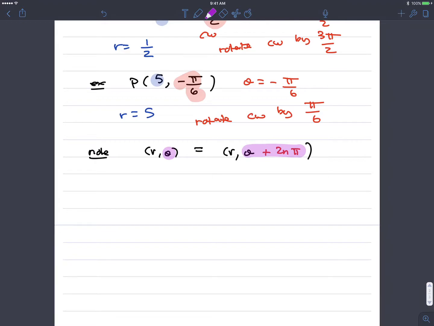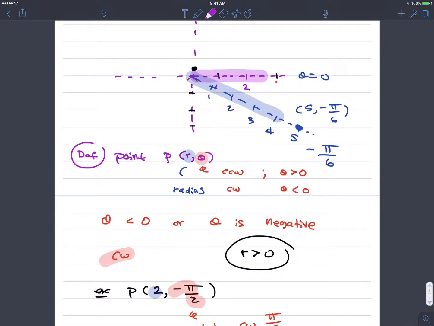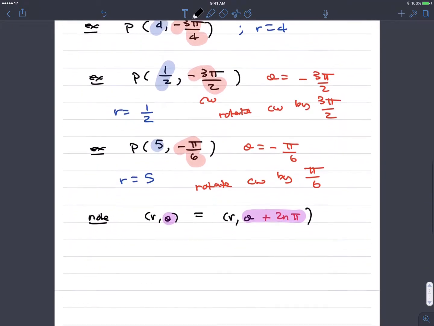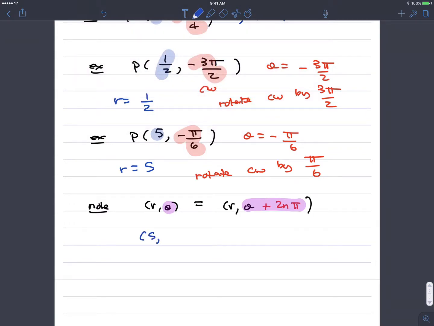So your points are not well defined, and this is actually going to be, like I said, an issue. So we're going to consider that. We know that. So you might say to me, okay, Mr. Judge, what does that mean in this case for this particular example? I got the 5, negative pi over 6. So here's my 5, negative pi over 6.